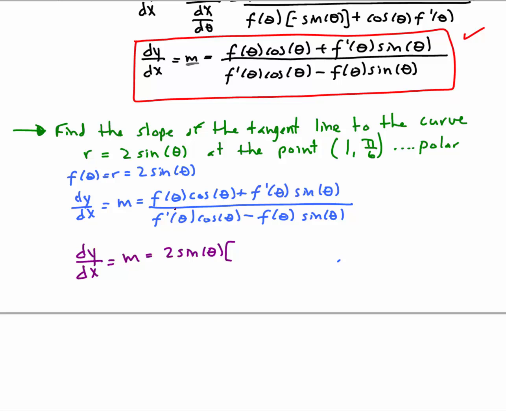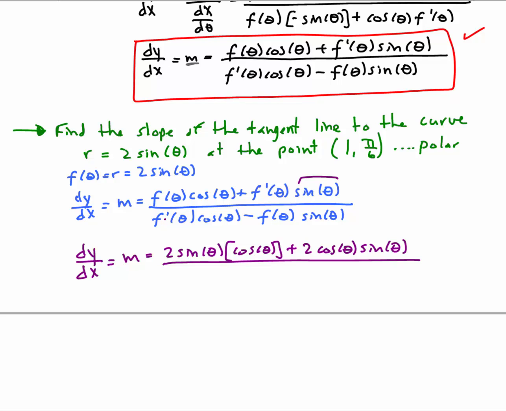So here's f of theta cosine of theta plus the derivative of f of theta. The derivative of 2 sine theta is 2 cosine of theta. And then of course my other sine of theta comes from right here. Now of course we have to simplify the heck out of these things when we're done, but for now let's just go ahead and focus on the derivative part.